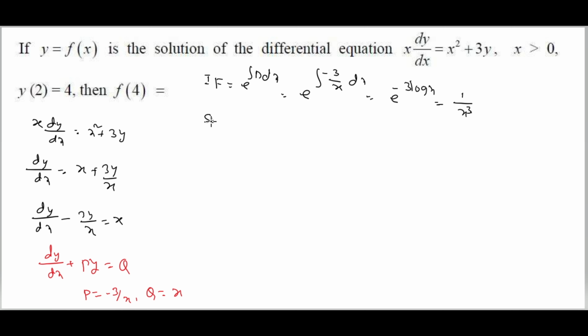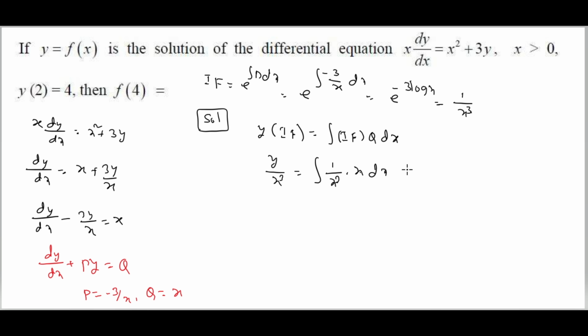Now we find the solution. y into integrating factor is equal to integration of integrating factor into q dx. That means y by x cube is equal to integration of 1 by x cube into q value x dx.